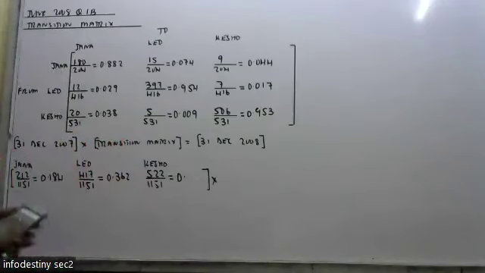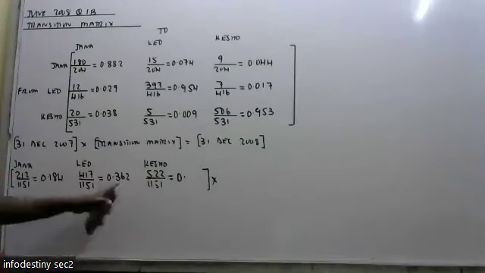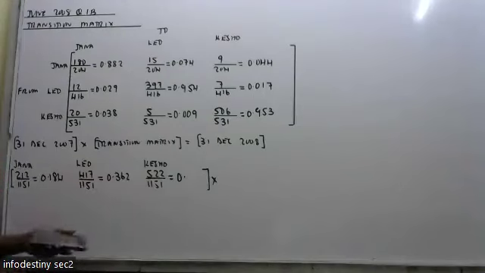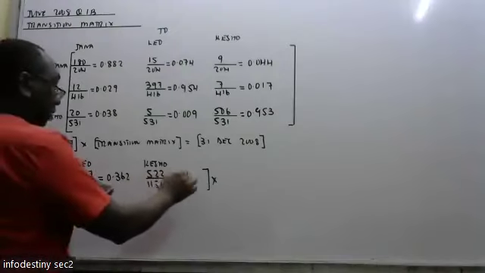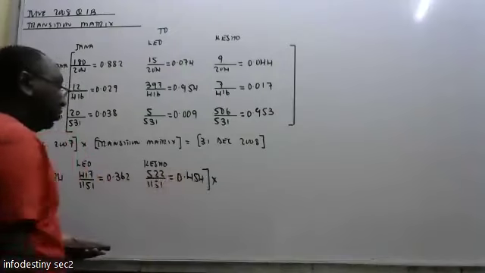You take 1, you minus first 0.184 minus 0.362. Once you get these two, you subtract them from 1, so that you just go straight.